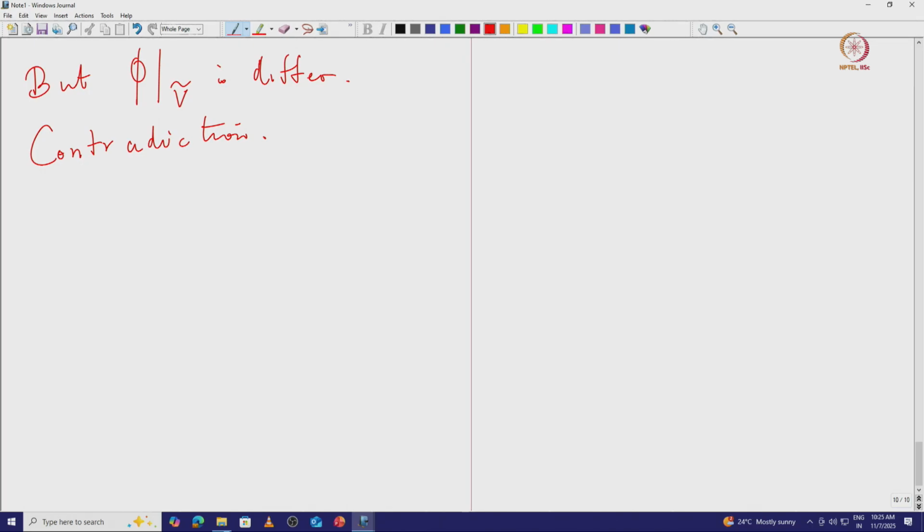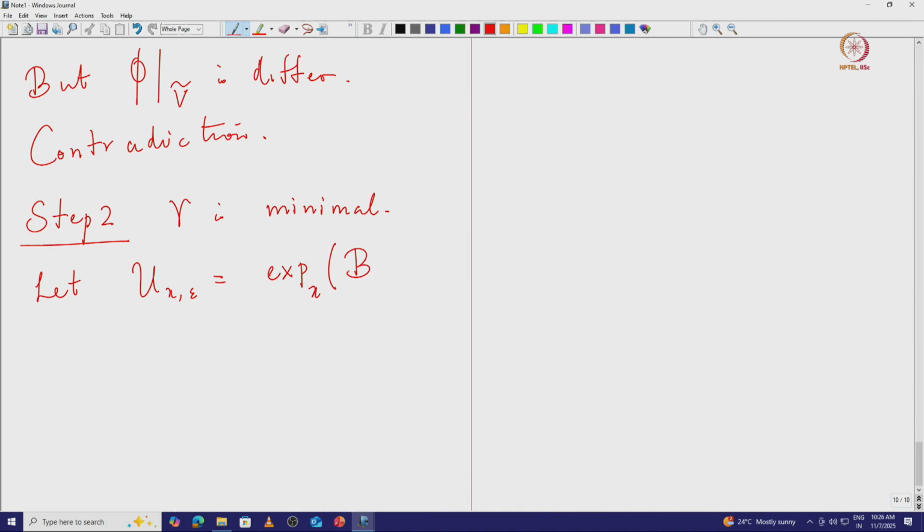Now to finish the proof, the second step is that gamma is minimal. Okay. So let U x epsilon be this geodesic ball given by the exponential at x of this ball of radius epsilon.